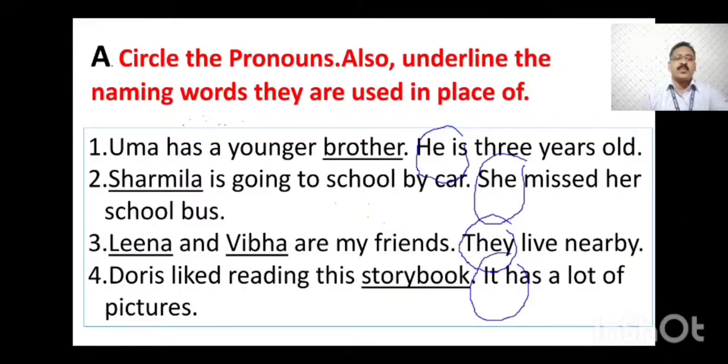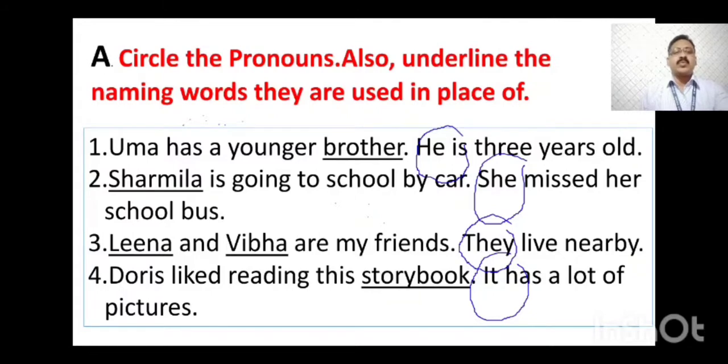He is the pronoun in question number 1. But he is used for the noun brother. In the first sentence, brother is the noun, and a brother is a male or boy. That's why he is used in place of the noun brother. So he is the pronoun. I have circled it.